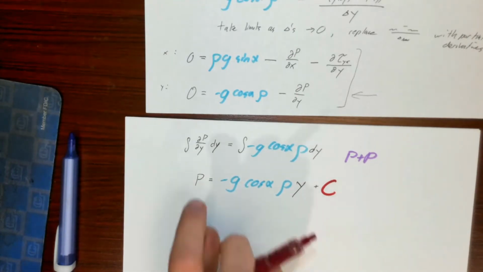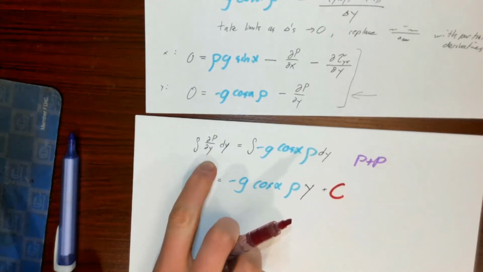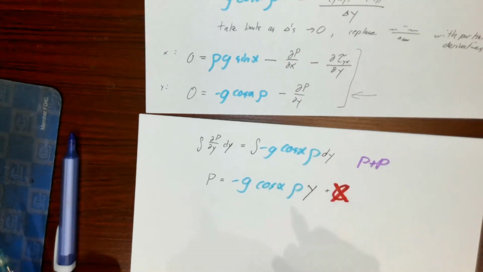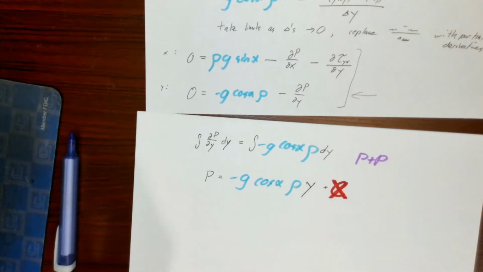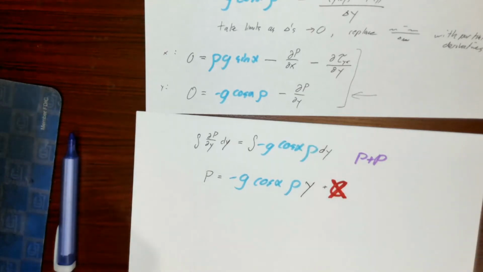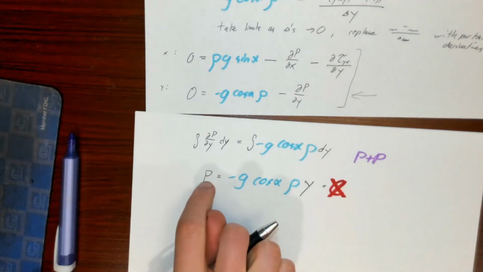It's a different story with partial derivatives, though. With partial derivatives, you don't get a plus c. Rather, you get plus a function of any other variables that this thing could depend on, right?